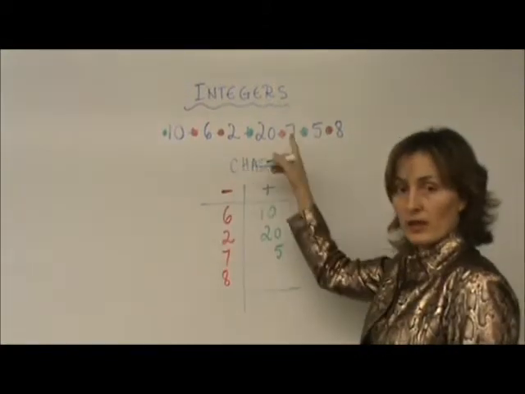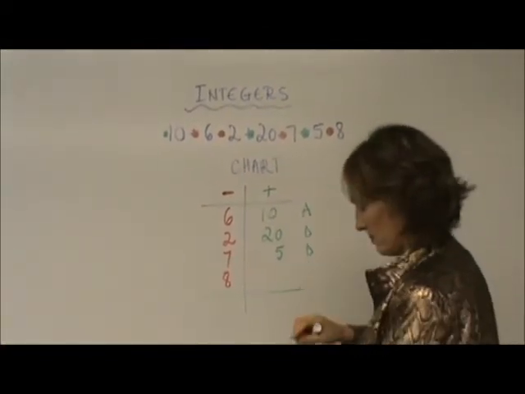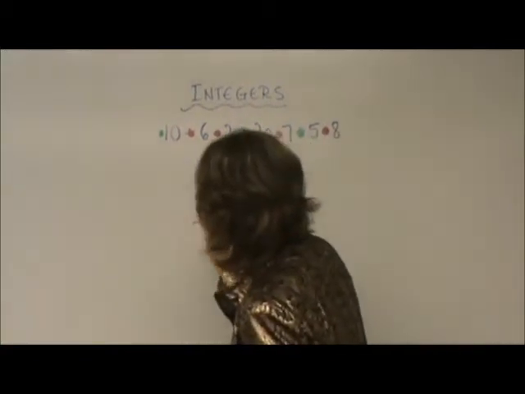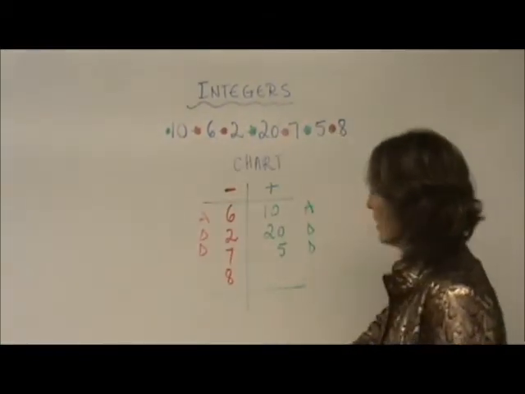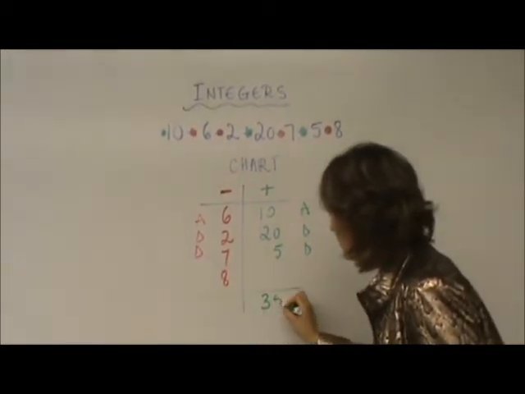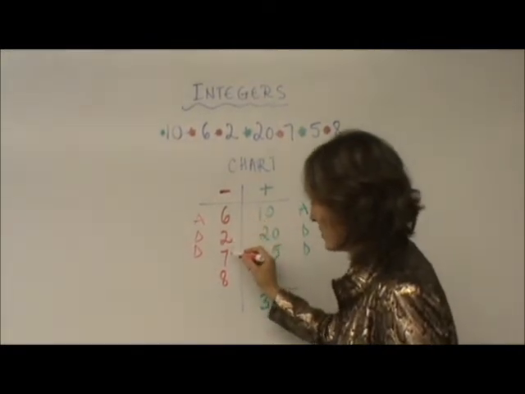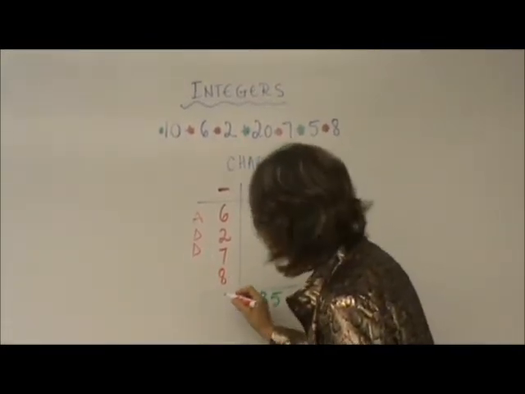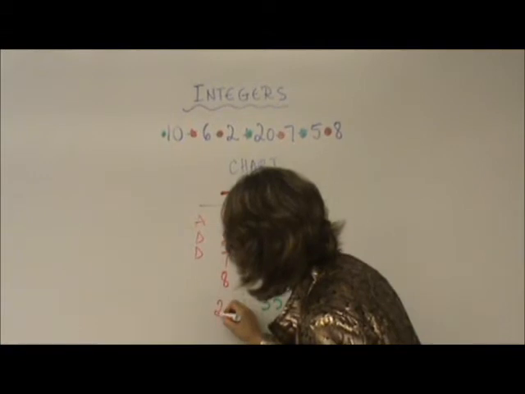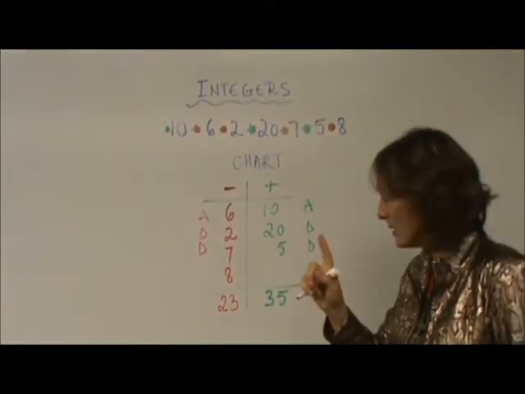So instead of subtracting and adding, all I'm going to do is add each column. I earned $10 and 20 and 5. I earned a total of $35. I spent 6 and 2 and 7, 8, and that was $23. And there's one more operation at the end.